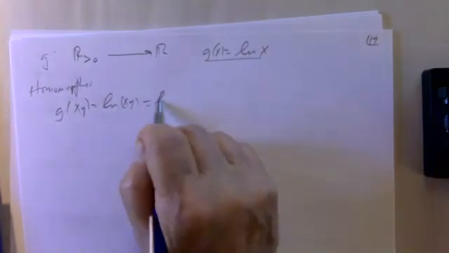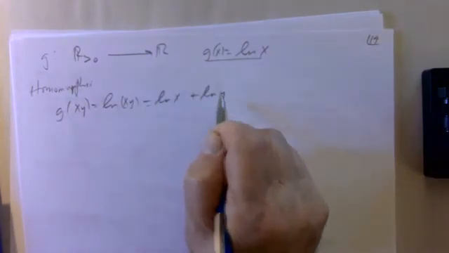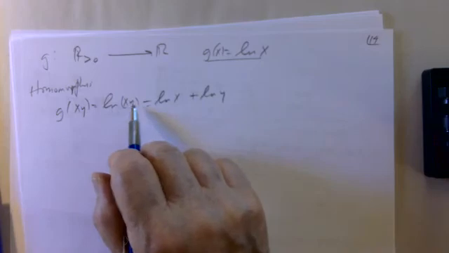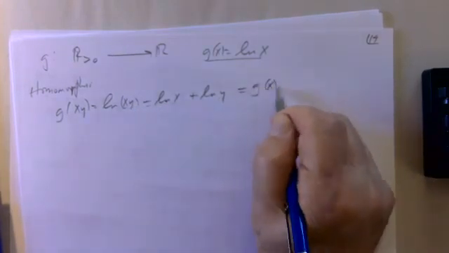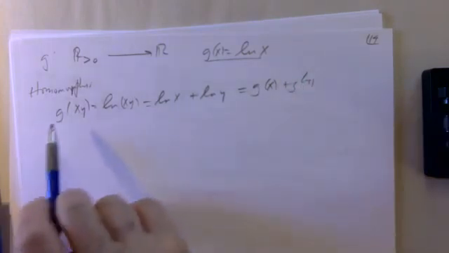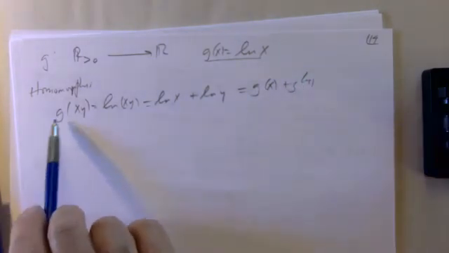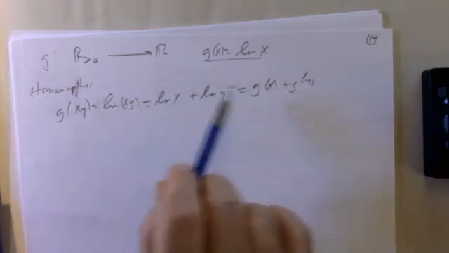Why is this a homomorphism? Well, g of x times y, that's the log of x times y. But you know properties of the logarithm. This is log x plus log y. The log of a product of two numbers is the sum of the logs of the numbers, but log x plus log y, that's g of x plus g of y. So this is the definition of a homomorphism from a multiplicative group to an additive group.